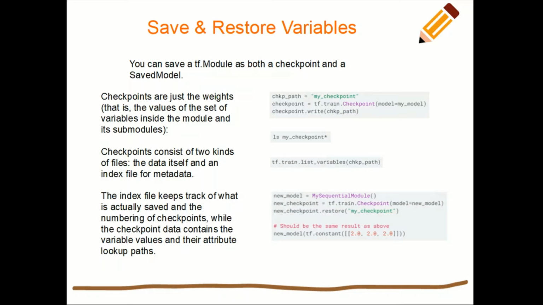Now we had mentioned that it is helpful to collect the variables so that we are able to save and restore them, right? So let us imagine two different scenarios for why this is important. Scenario number one: let's say we are training a complex model and the training can take a long time, like one complete day or even a week, in case of complex and a lot of data.